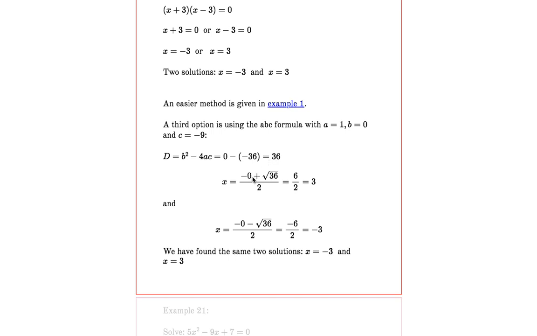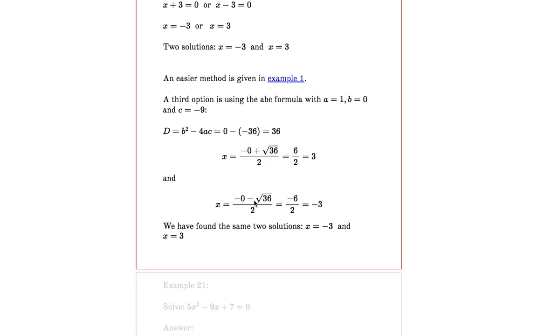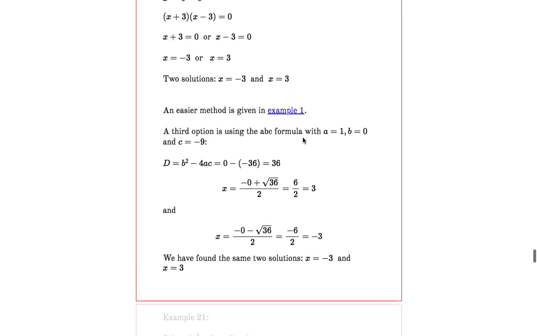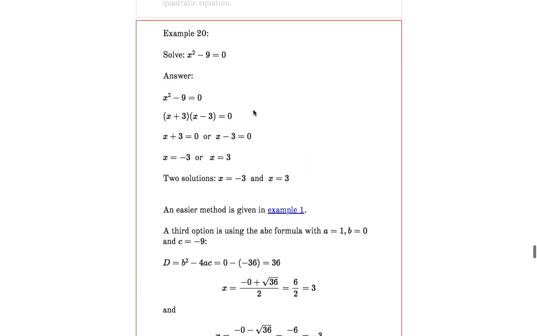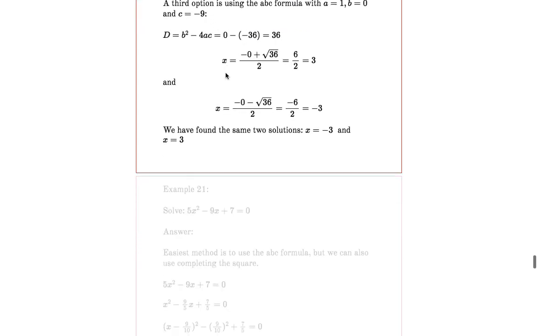The b is 0, the square root of 36 is 6, and 2 times 1 is 2, 6 divided by 2 is 3. Or negative square root of 36 is negative 6 divided by 2 is minus 3. So we actually discussed 3 different methods to solve this simple equation.